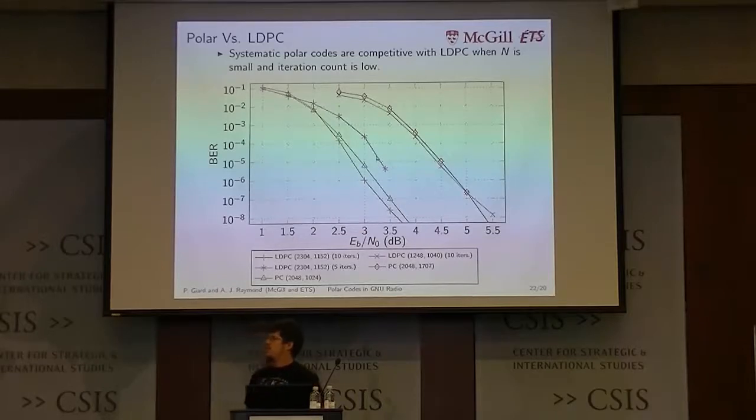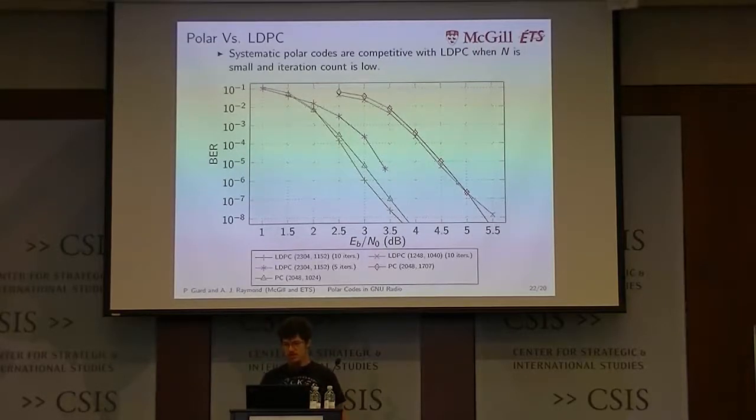That's 4 or 5 iterations. And the polar code here of similar length and rate, so it's 2K, rate 1/2, is green, so it's a bit better than 5 iterations of LDPC in this case. And if you do 10 iterations, then the LDPC becomes slightly better, but it's not humongous. So if you know about the complexity of implementing an LDPC decoder in software, I would strongly advise to try polar codes in this case.